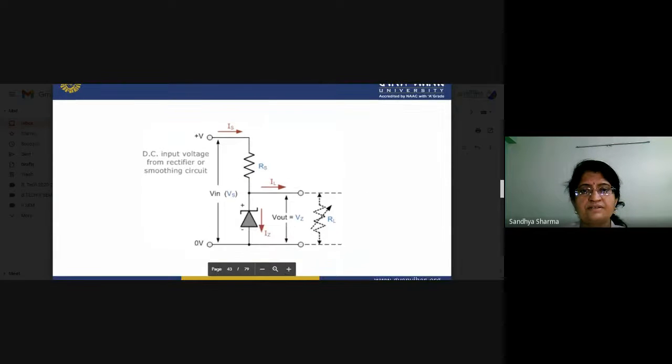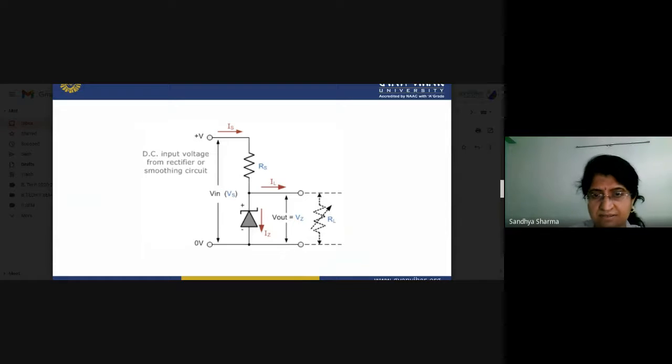Now we will see the basic circuit diagram. This is the current limiting resistor RS. This is the Zener diode. This is the RL load resistance.